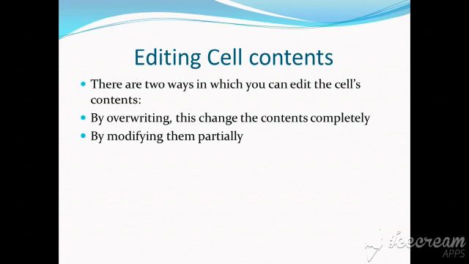In overwriting, we change the contents completely, and by modifying, we change them partially, meaning I will just correct spelling mistakes. I'm not going to delete the data completely or change it completely. I will just make some changes to the data. In overwriting, you just have to change the cell contents completely, not partially.